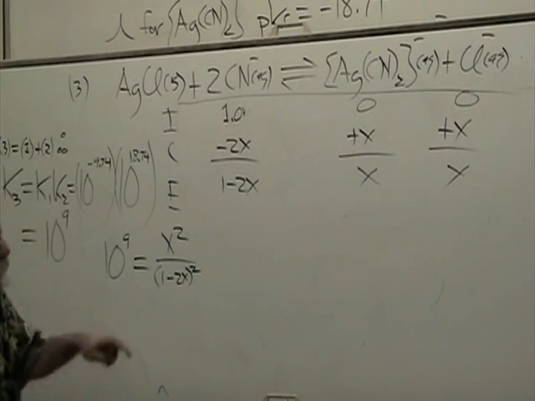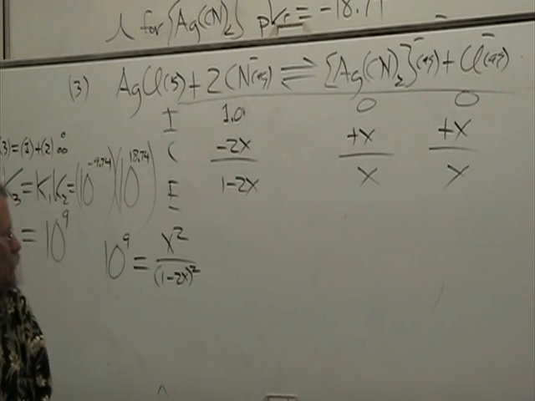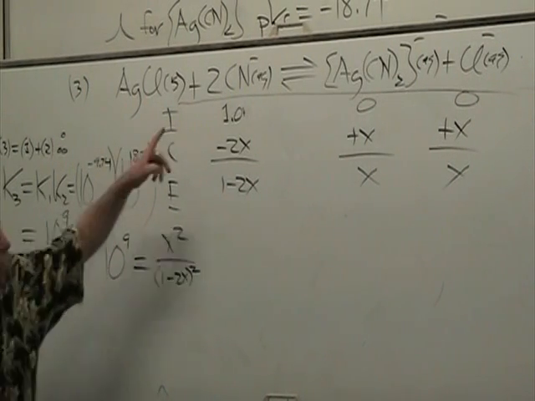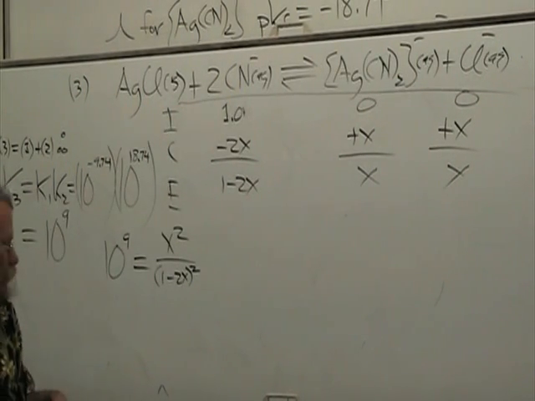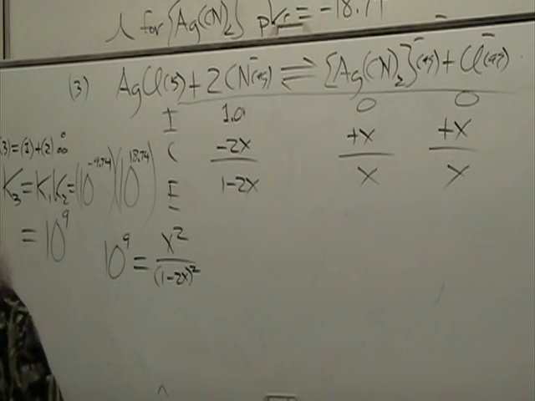Everybody knows why. We're going to remind all the people viewing this. Why is it squared? It's the stoichiometric coefficient, so it fits in the mass action expression. The same reason we had the minus 2x in this term.